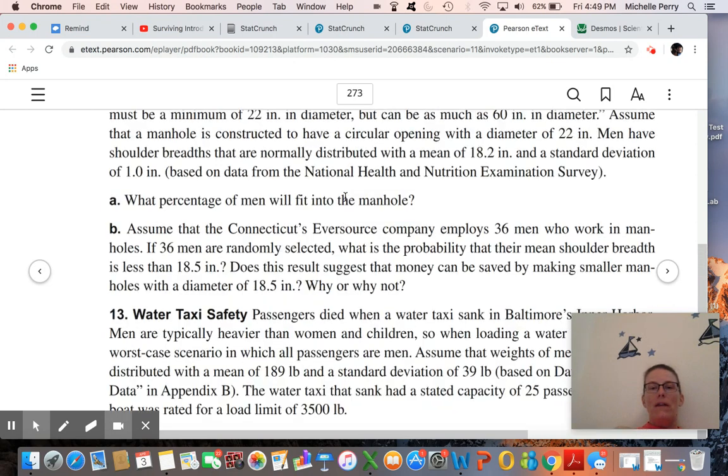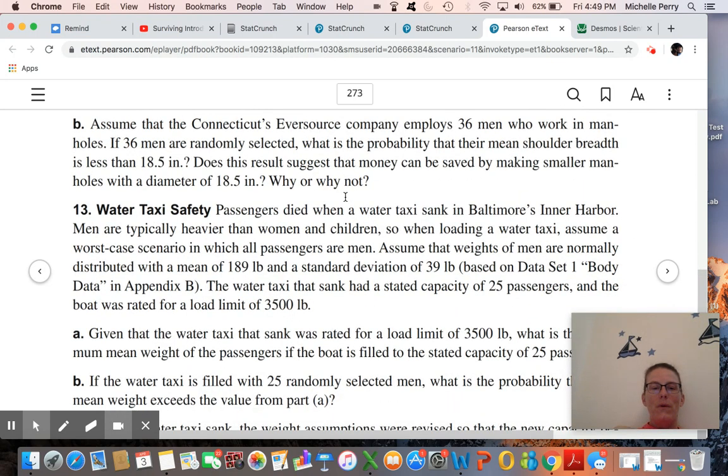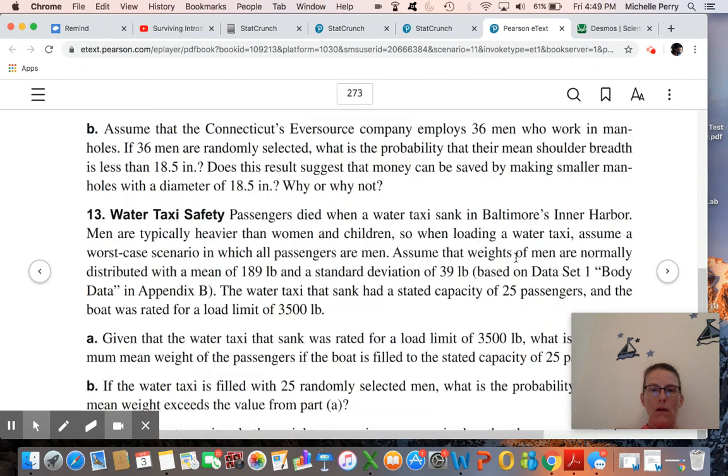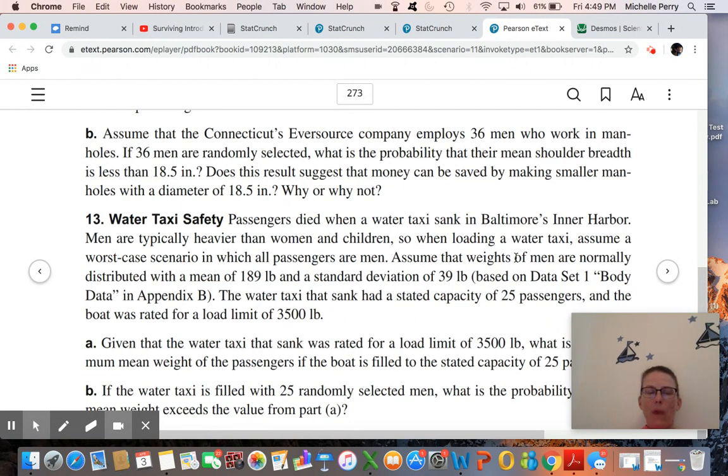However, since we know that the weights of men are normally distributed, we can move forward with our central limit theorem. So that tells us, and I'll show you what I'm getting ready to write down, that we can use the mean for the population to represent the mean of all sample means, which they told us was 189 pounds.